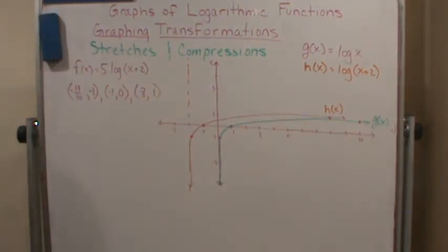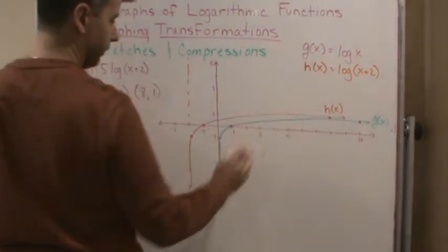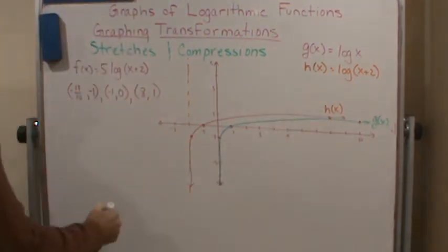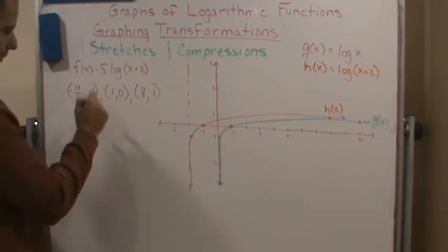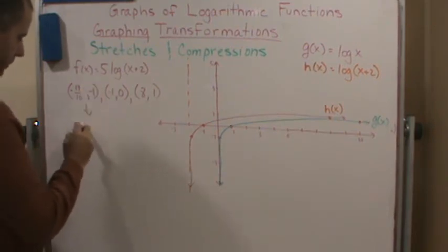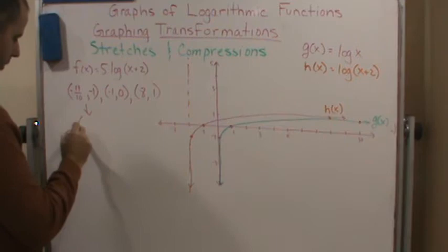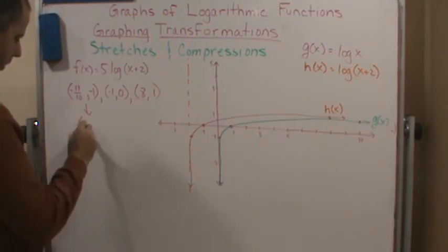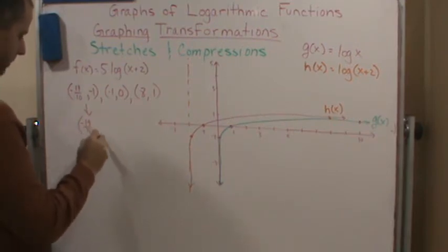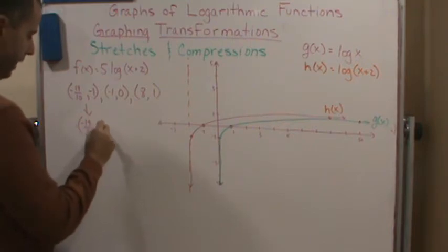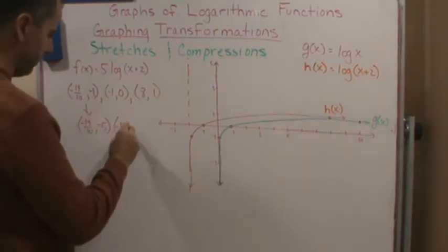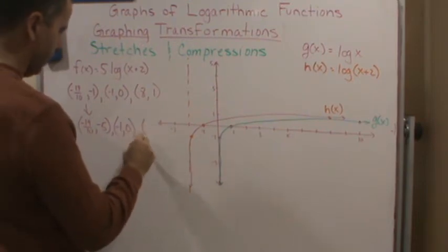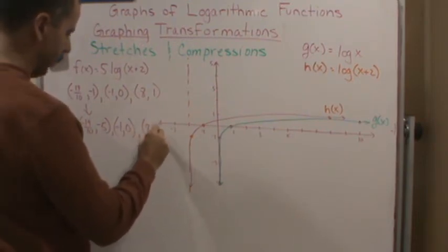Okay, so that's h. Now, we're going to multiply all of the y values by 5. That's what we're doing here. So this point is going to go to -19/10, -5. This one is going to stay the same. And this is going to go to 8, 5.